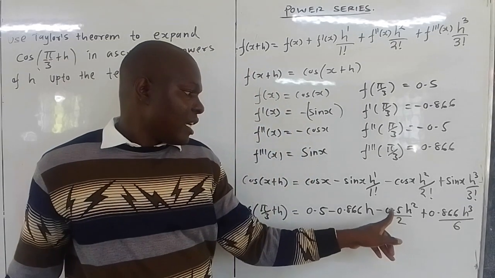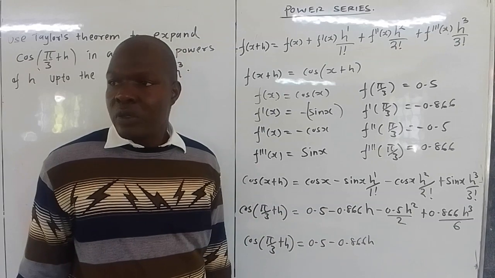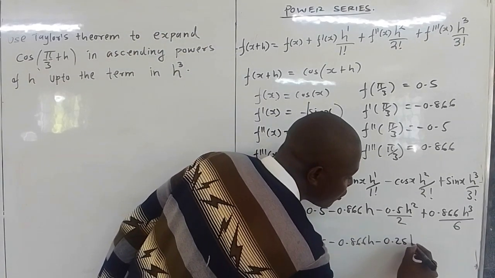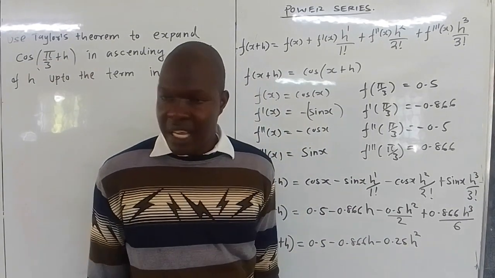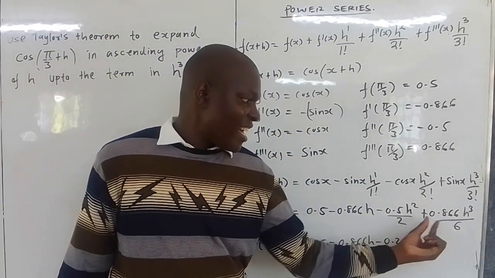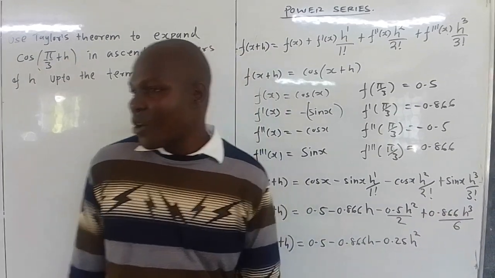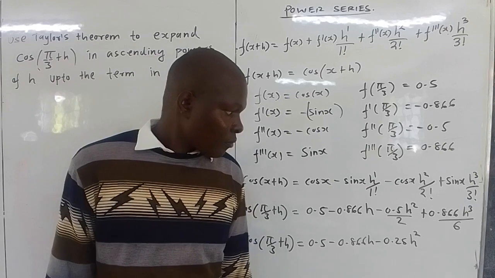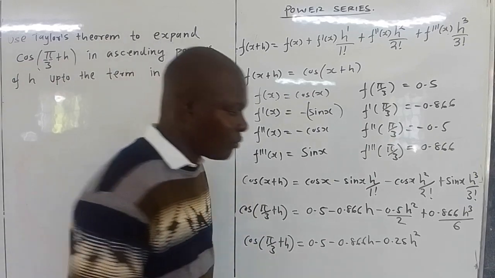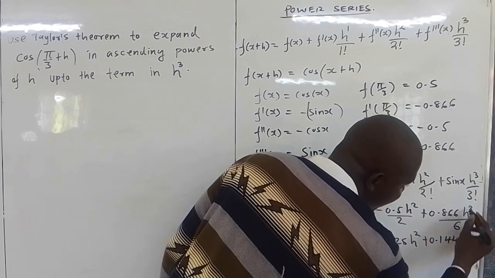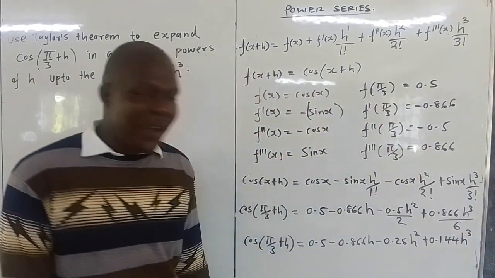Then start. 0.5 divided by 2. Then you have negative 0.25h squared, isn't it? Then 0.866 divided by 6. Because 3 factorial, you can just say 0.866 divided by 3 factorial. It's still the same, isn't it? You get 0.144, then h cubed, and you are done.